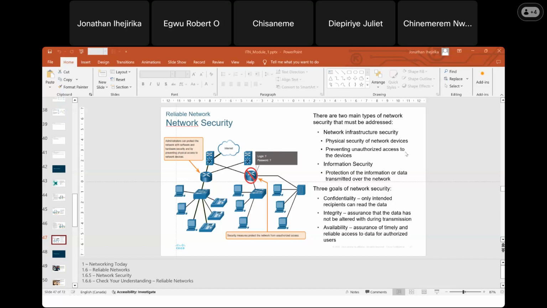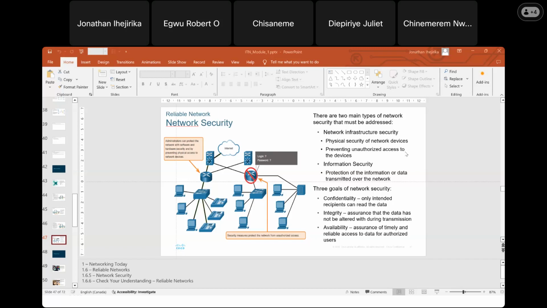Integrity: it assures that the data has not been altered during transmission. For instance, I am sending a message from PC A to PC B. There shouldn't be intermediary devices sniffing that information and taking it somewhere else, thereby giving PC B wrong information from what PC A has sent.